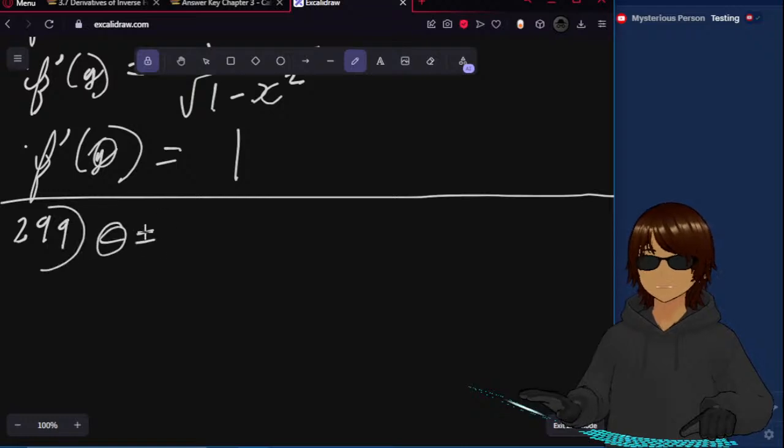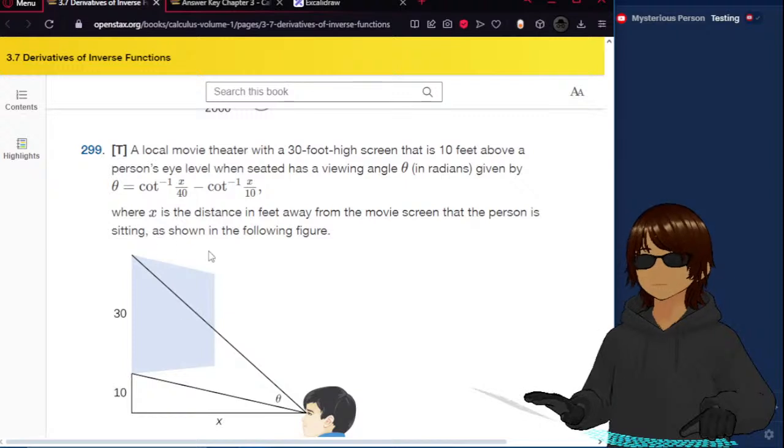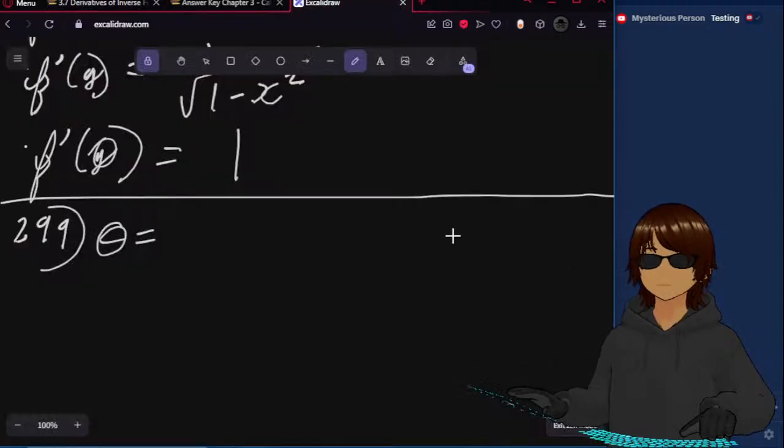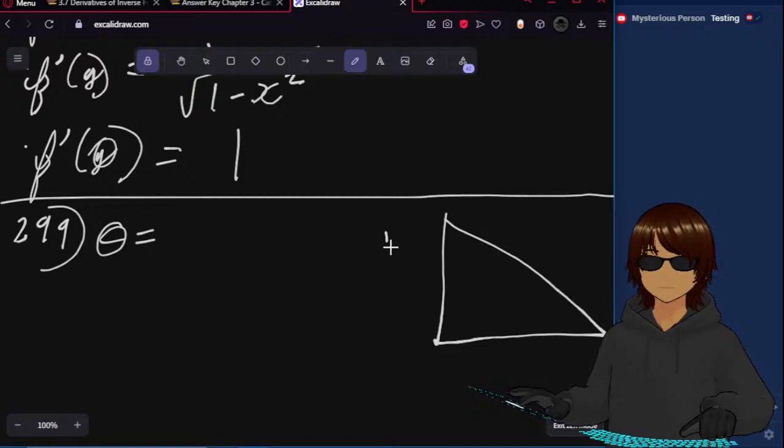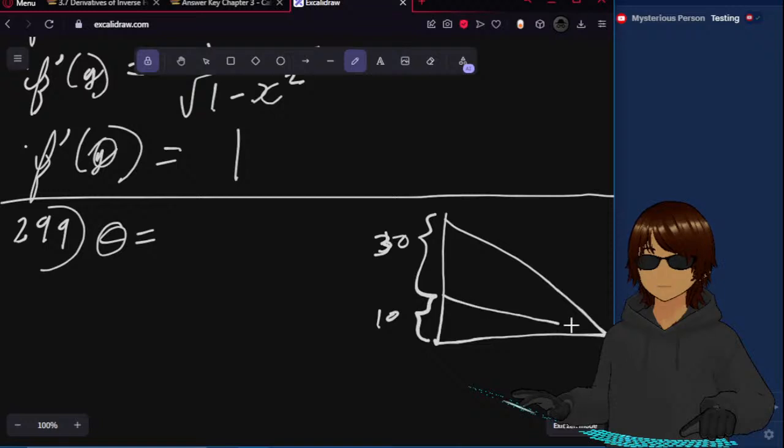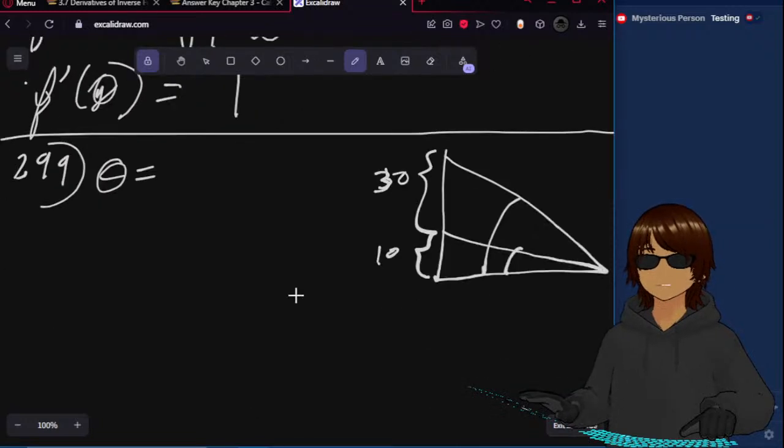So theta is basically this angle minus this angle. Now I'll write this as x.